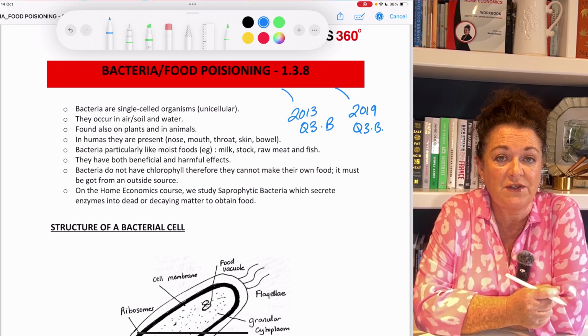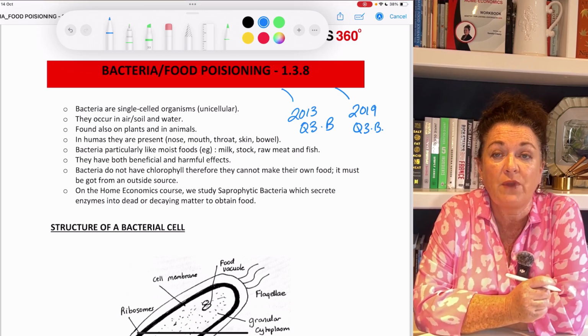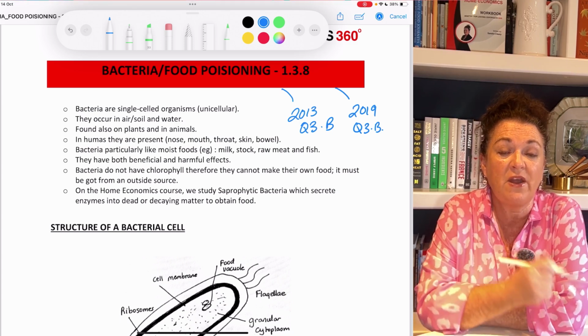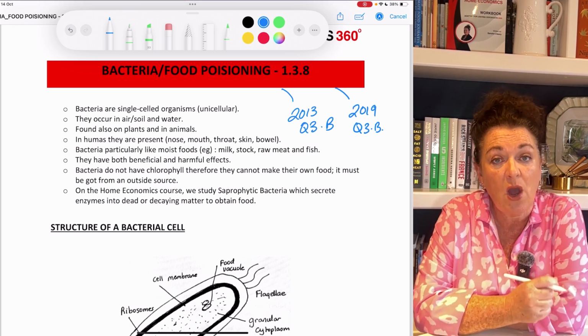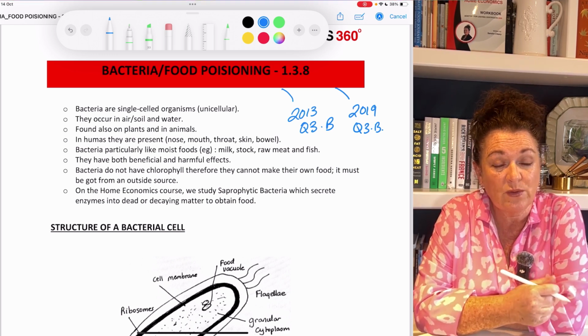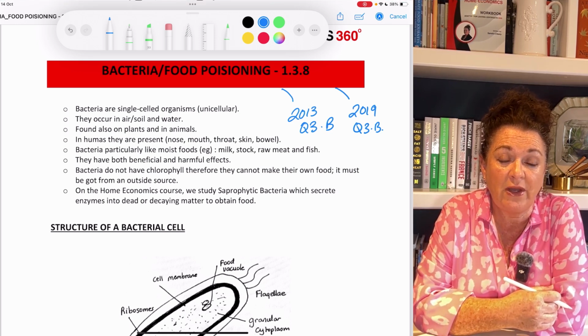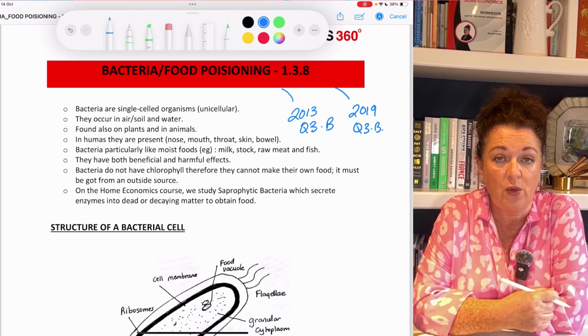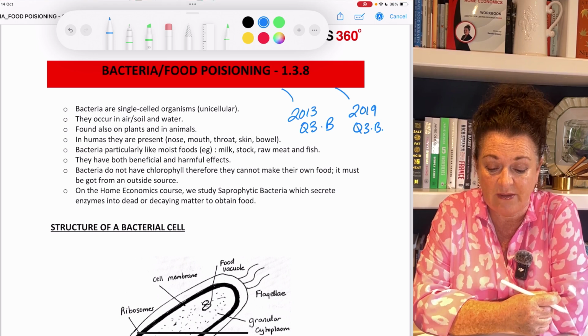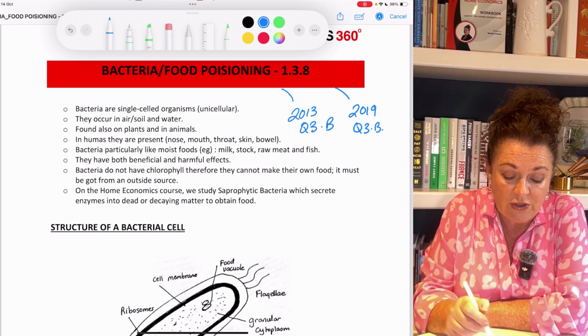If you are asked on a question to classify bacteria, always go with that as being the main classification. However, in home economics, we have 3 more different ways of classifying bacteria other than shape, which we're going to look at today. So bacteria, what do we know about them?